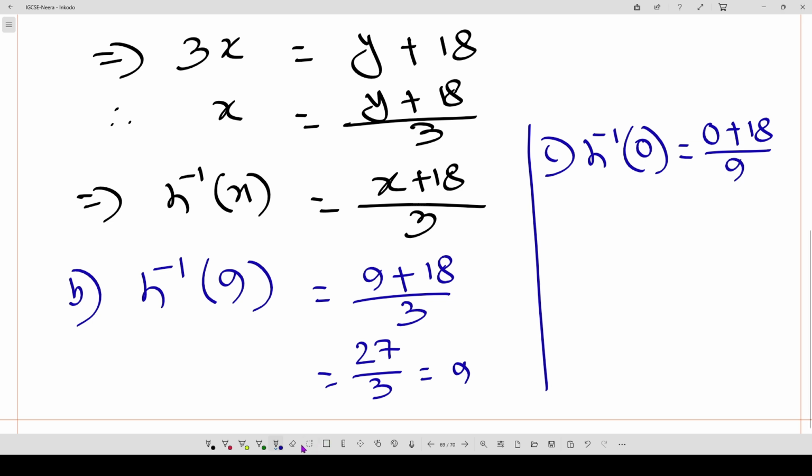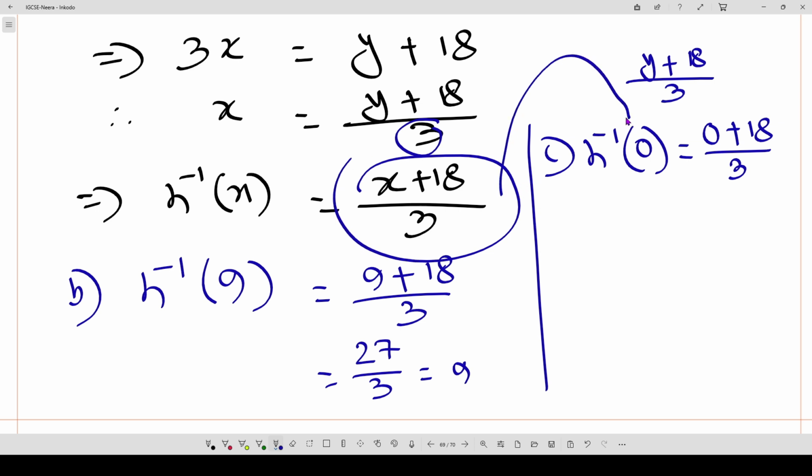Sorry, it's not 9, it should be 3. It means y plus 18 by 3, so in place of y we get x. So 0 plus 18 by 3 will be 6, and this is our answer.